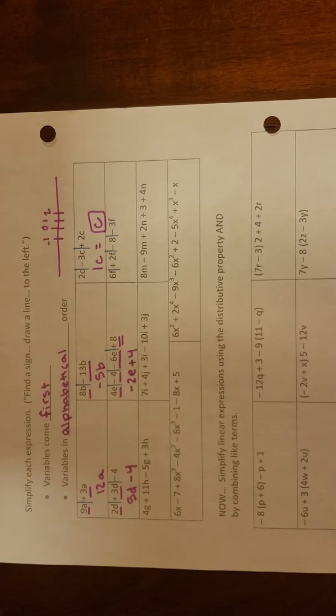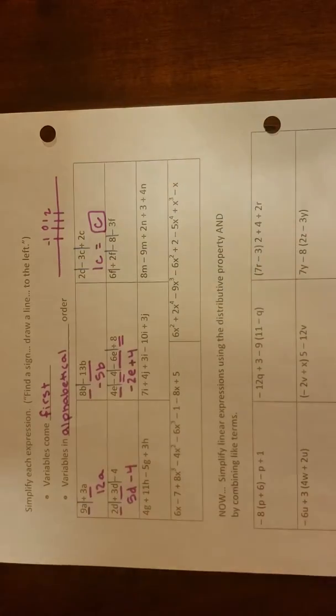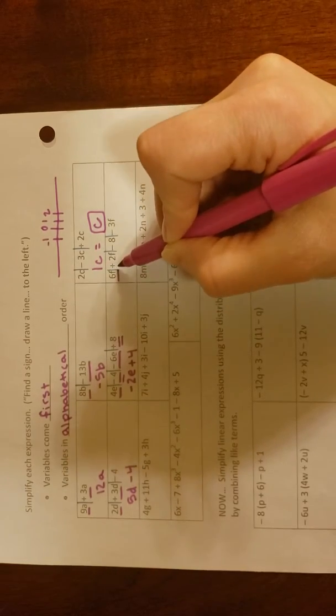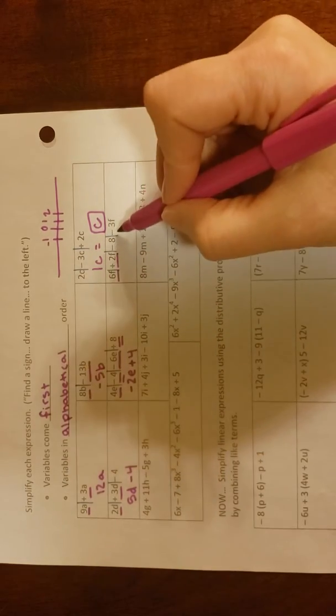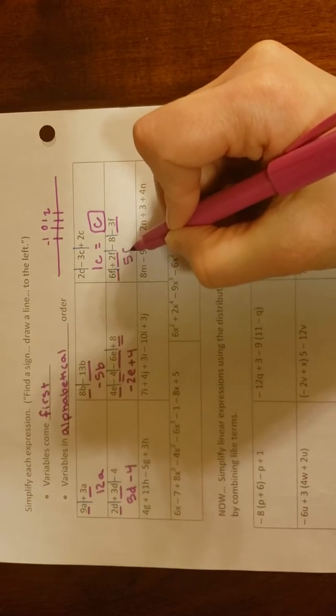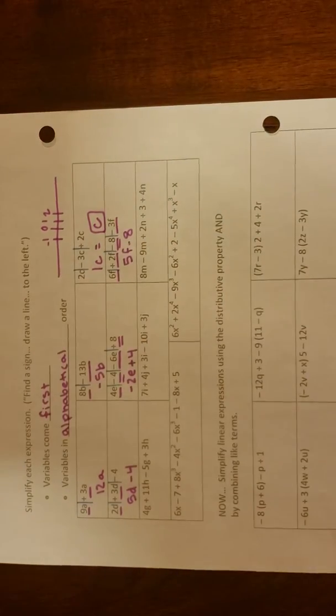Okay, good job. If you'll see, oftentimes when I'm doing this, I'll underline as I go so that I can make sure that I don't miss anything. So for example, if I have 6 frogs, 2 more frogs, that's 8 frogs, and 3 die, or jump away, I have 5 frogs, and then negative 8. There you go.